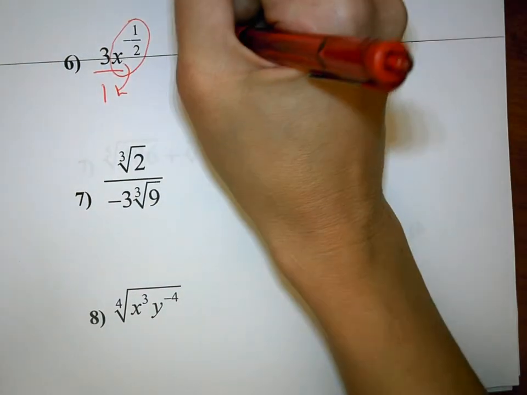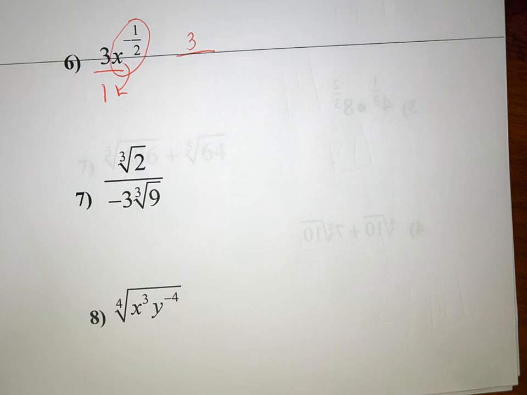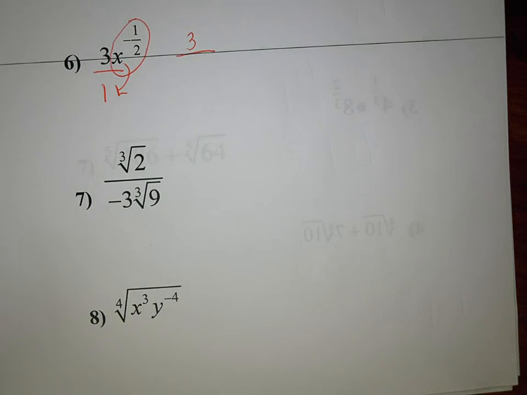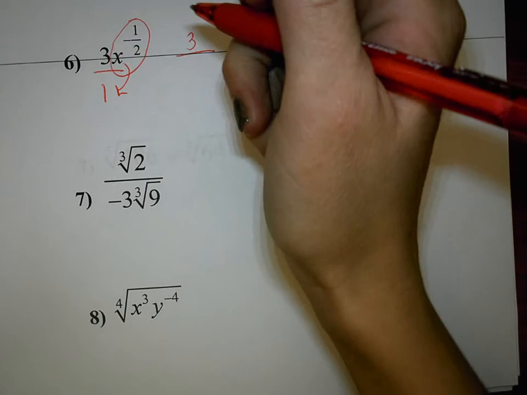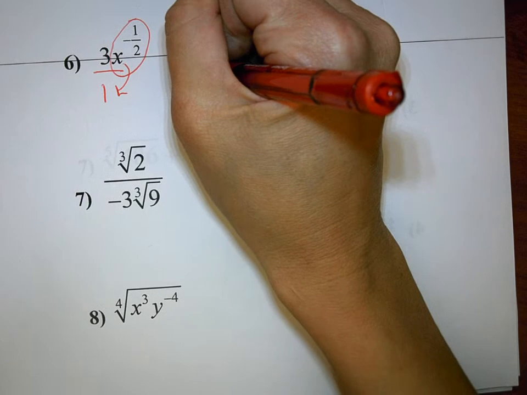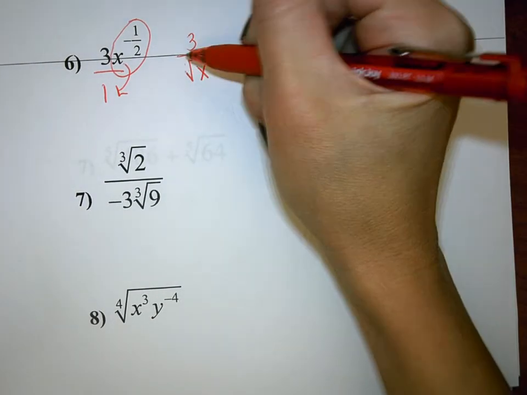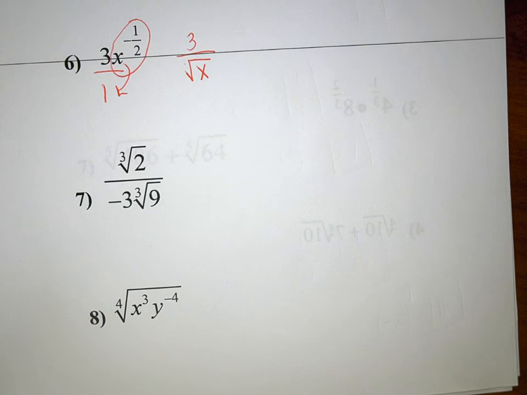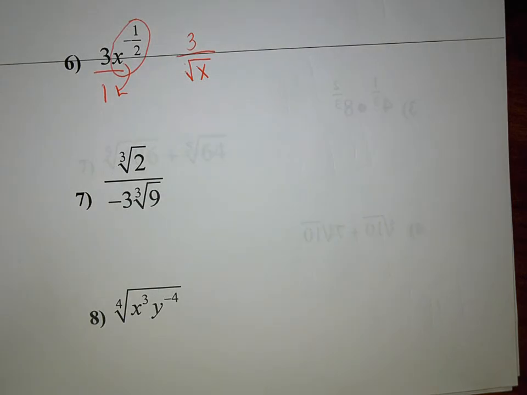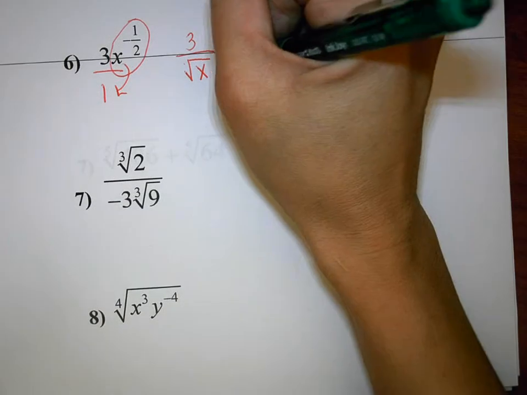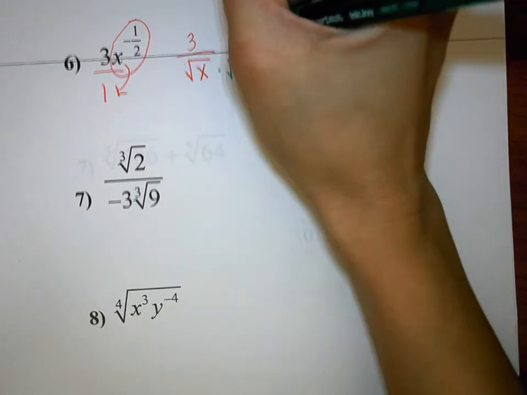So I have 3 over, and instead of writing x to the 1/2, we could write that as what? The square root of x. Do I need to put this 2 here? No, but if you want to, you can. Okay, can I have a root x in the bottom? And how many more x's will I need? Just 1, because we only need 2 for a group.